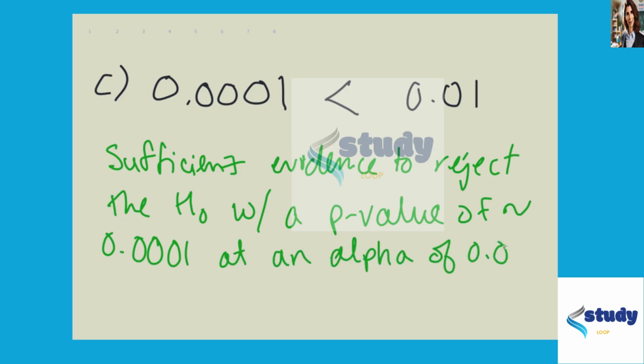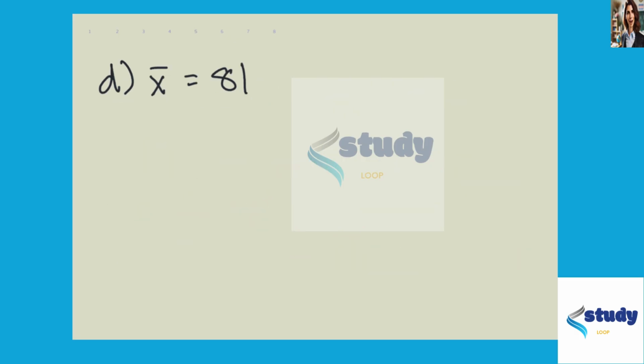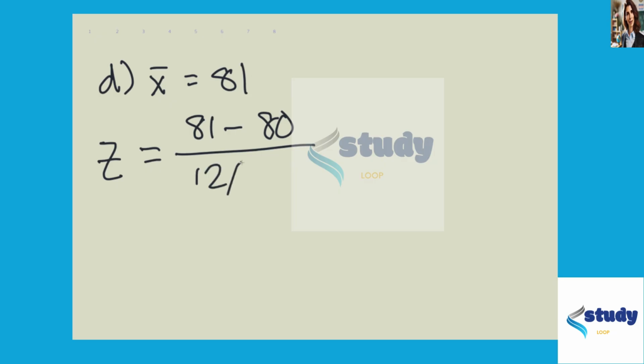Okay, now for the last part of the problem, part D, we're going to do the same thing we've been doing. We're going to find a z-test statistic, which is equal to our sample mean of 81 minus our population mean of 80, divided by our population standard deviation, which is 12, divided by the square root of our sample size, which is 100.